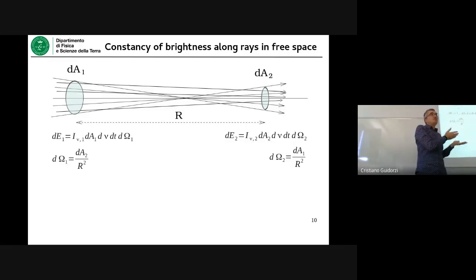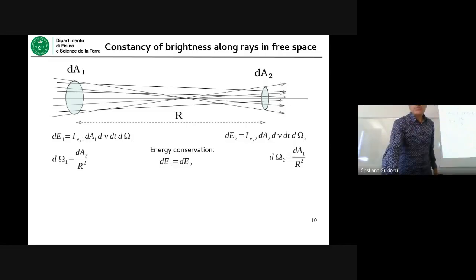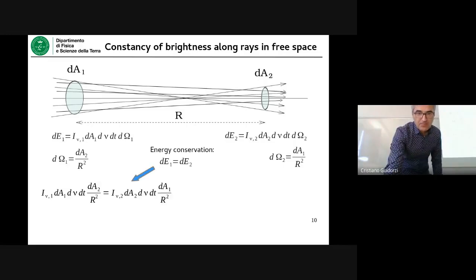So by conservation of energy, the energy that has crossed dA1 will be crossing dA2 within the same time interval and the same frequency range. Energy cannot either disappear or be created. So you set the two quantities equal.